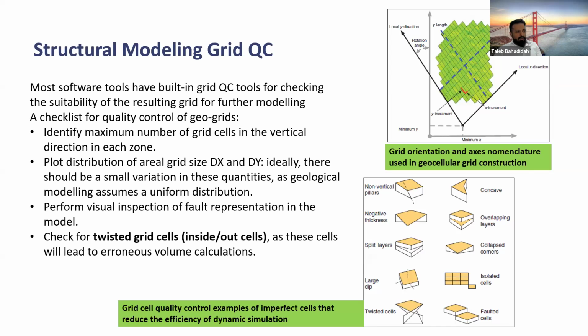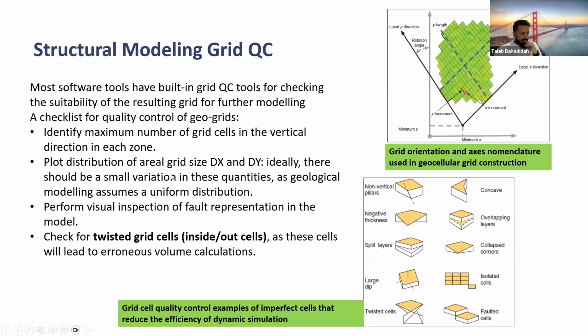Maybe you can have some general rules here, a kind of checklist for the quality control of the geogrid. So maybe you can identify the maximum number of grid cells in the vertical direction in each zone. This is a kind of QC of your geocellular gridding.